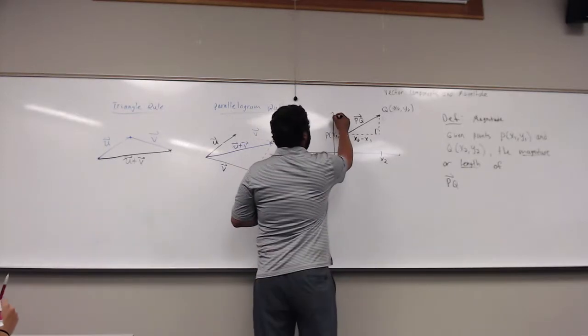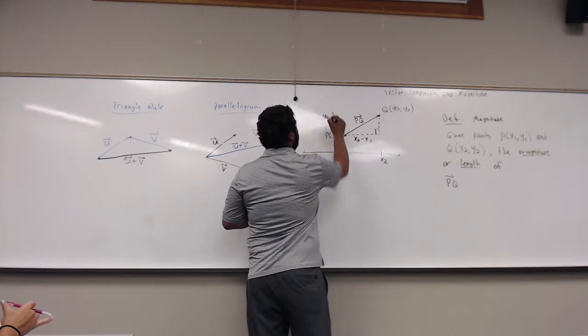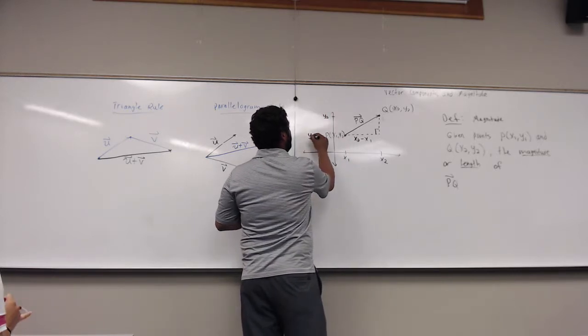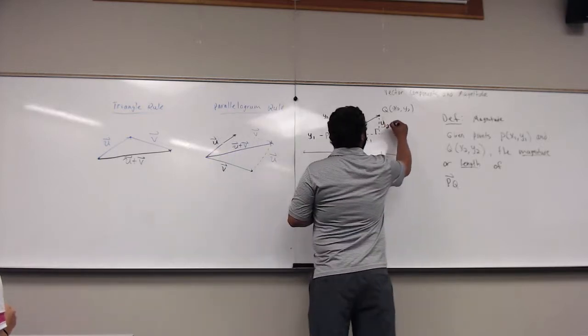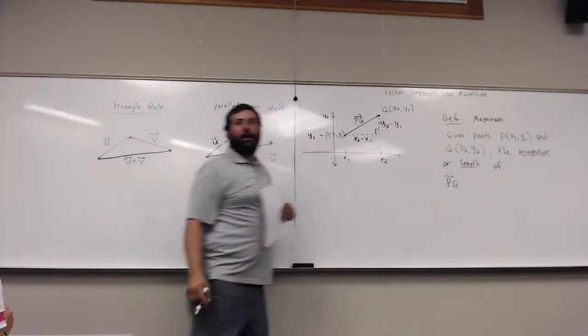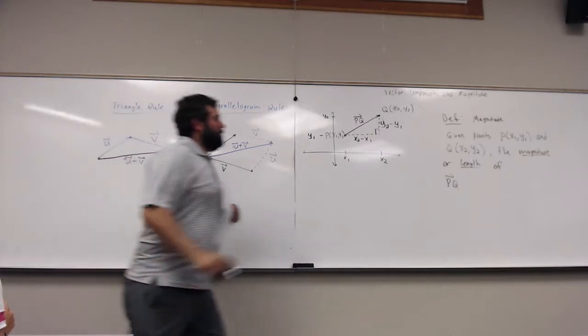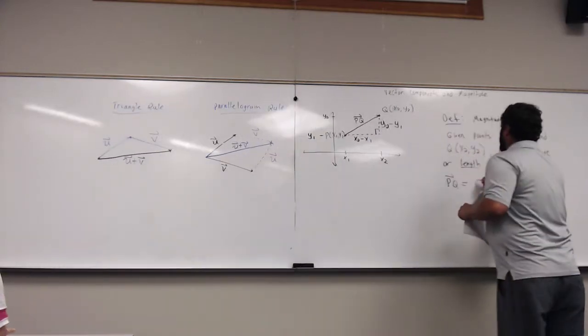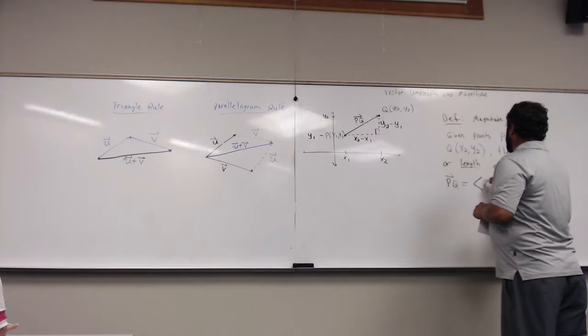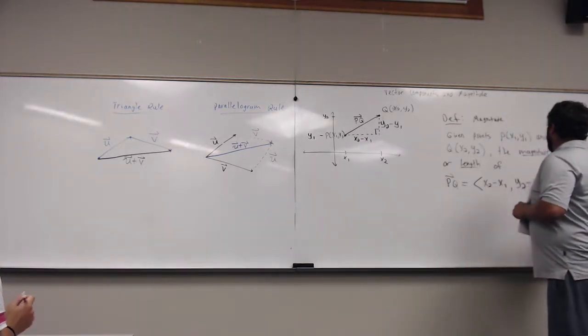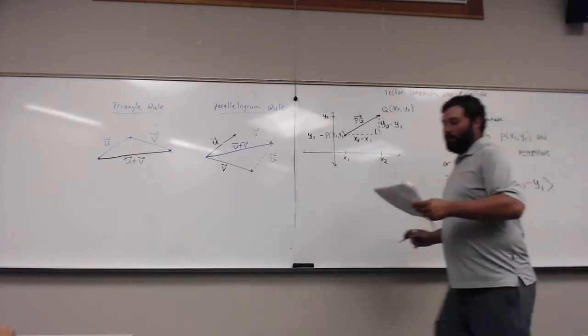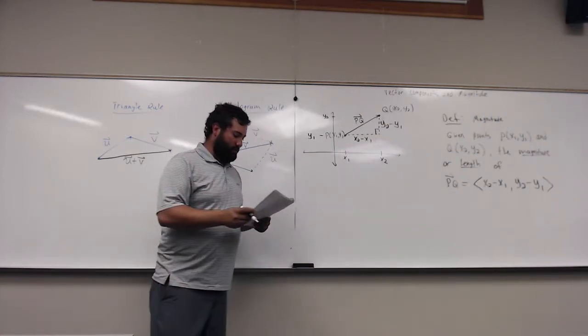And then same thing up here, I kind of ran out of room, but that's the y coordinate y2, and right here would be the y coordinate y1. And the vertical distance is just the difference of the y coordinates. So if you're going to write this vector in component form, the x component is x2 minus x1, and the y component is y2 minus y1. So that's where that comes from.